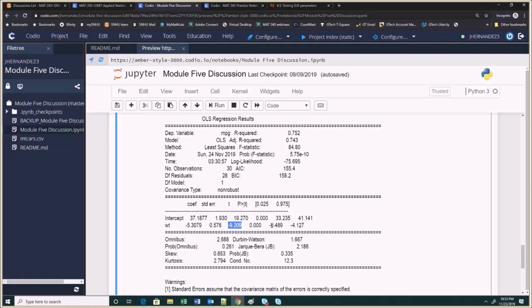And in this case, if you note, the 95% confidence interval is negative 6.48 and negative 4.12. Note that 0 is not included in this interval. If 0 was included, that would mean that the estimate for beta 1 could be 0, but in this case it's not included, and so again it points to a significant model.